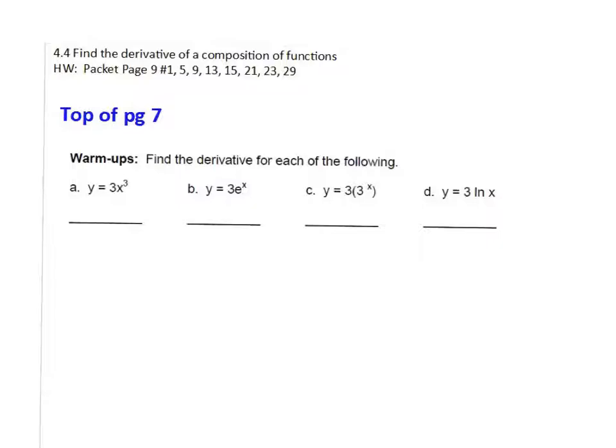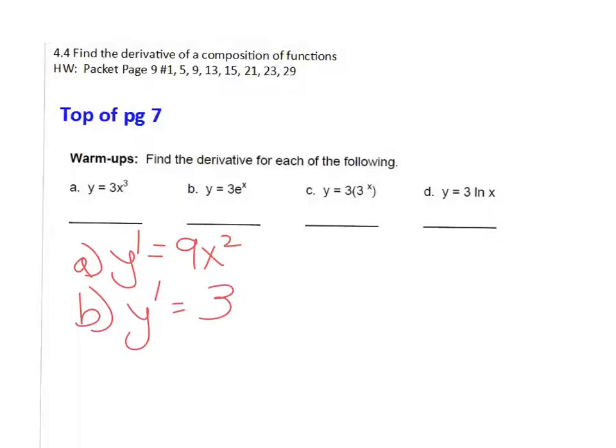All right, so A, the derivative is 9x squared by the power rule. B, you should get 3, the coefficient carries down, and then the derivative of e to the x is e to the x.